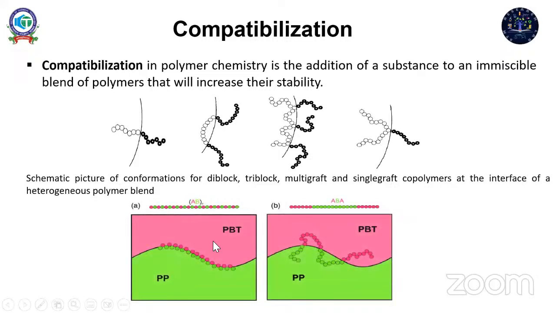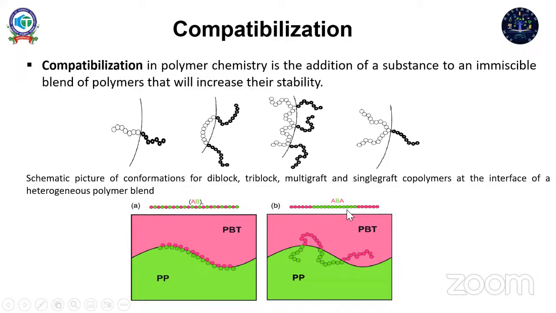See, this is the example of PP and PBT, polybutylene terephthalate. In this region with green color you have polypropylene. This with pink color you have polybutylene terephthalate. Along the interface you have these molecules. Now for the compatibilized system you have PP and you have PBT, and in between you have this B molecule.